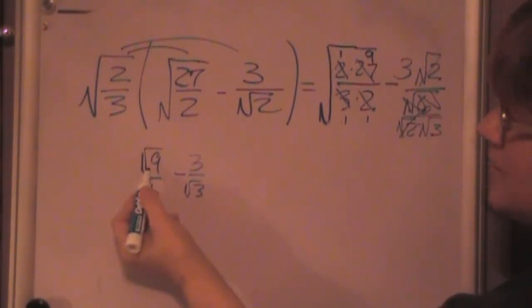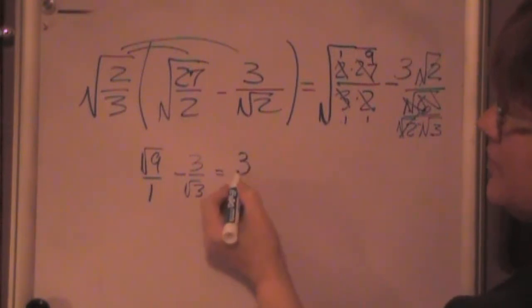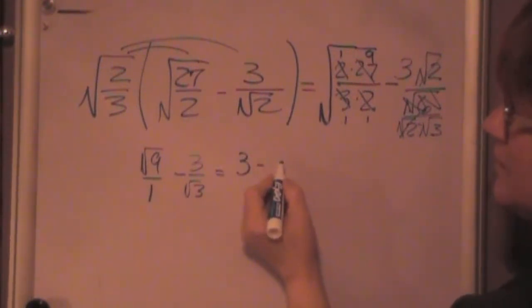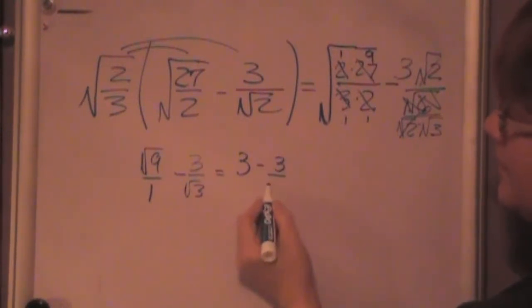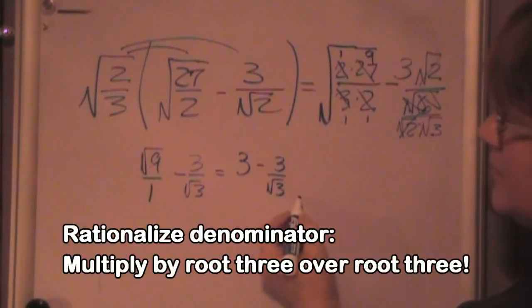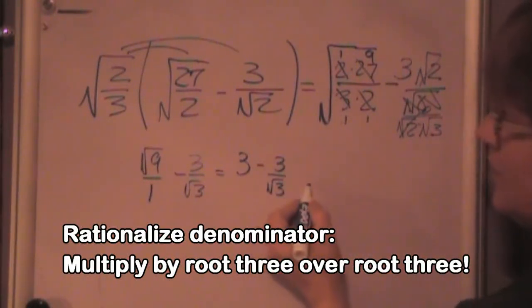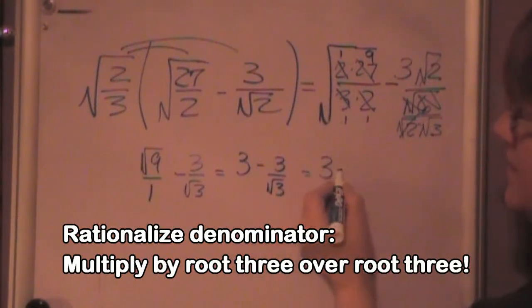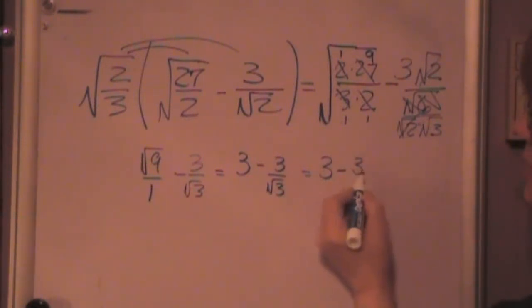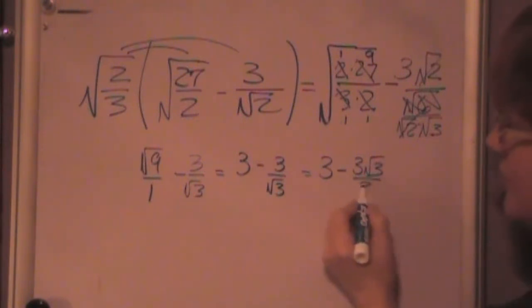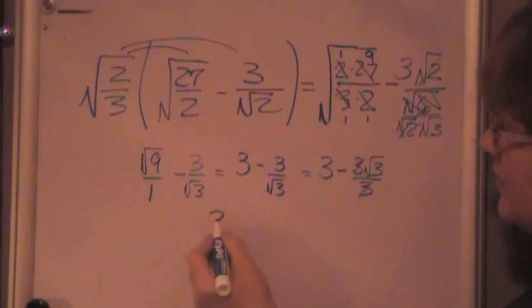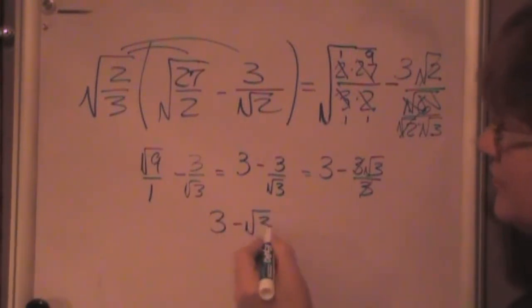Well, root 9 is just 3, so I have 3 minus 3 over root 3. So what I'm going to do is multiply this one by root 3 over 3, and I get 3 minus 3 root 3 over 3, and now these two 3's can cancel out only, and I end up with 3 minus root 3.